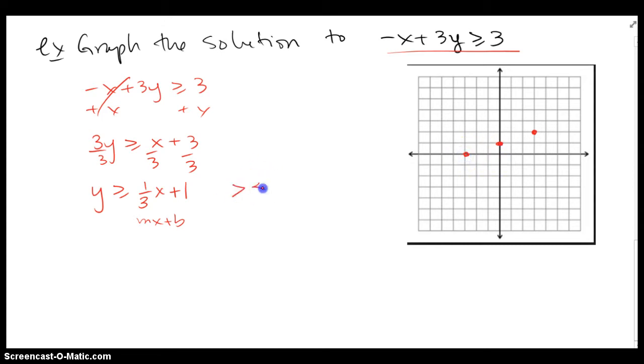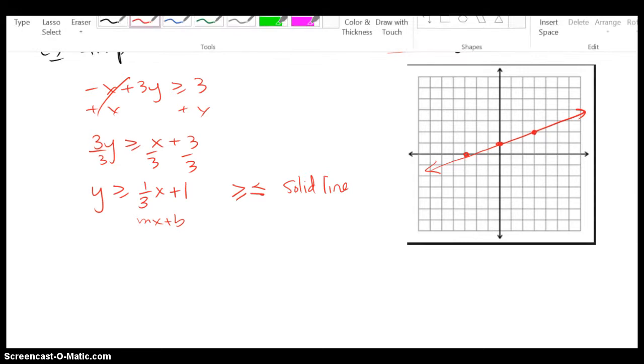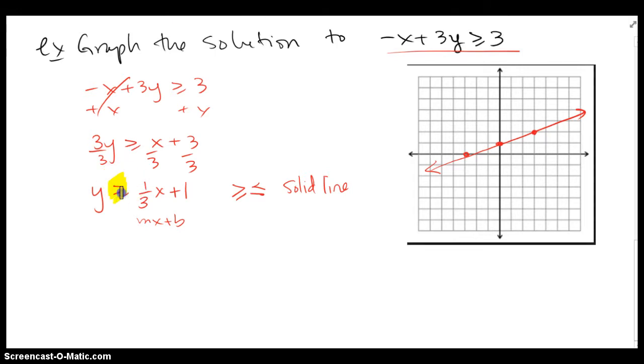And since I have an equal sign with my inequality, I make a solid line. So my solution actually includes this border. And again, I focus on which way the mouth of the inequality opens. It says y is bigger than this line.